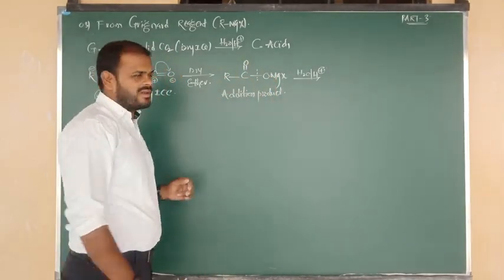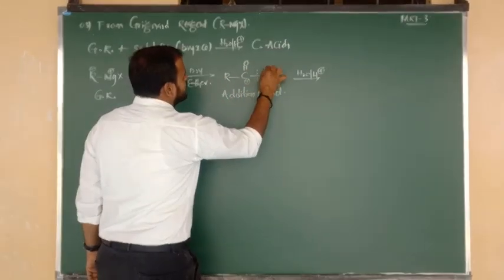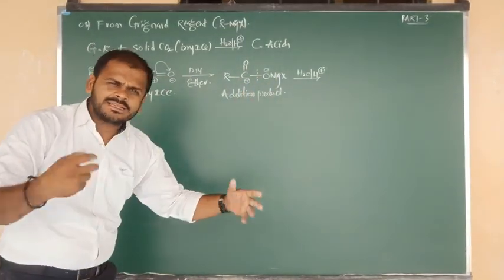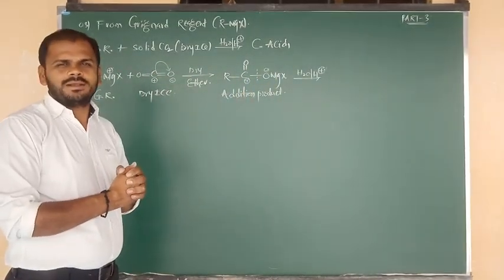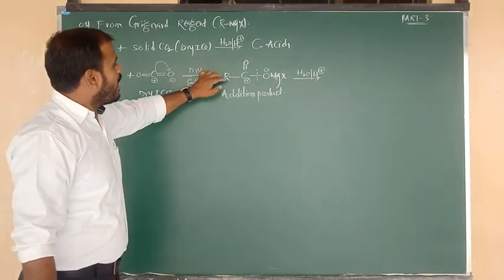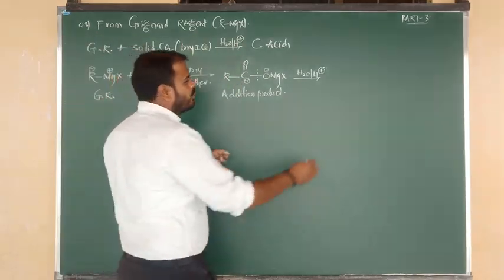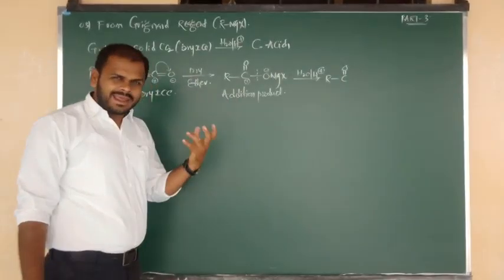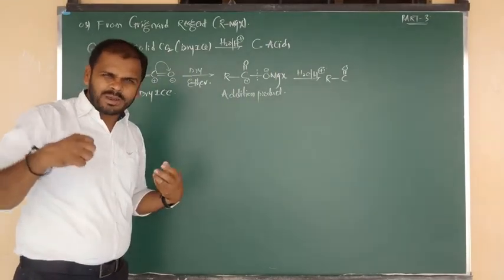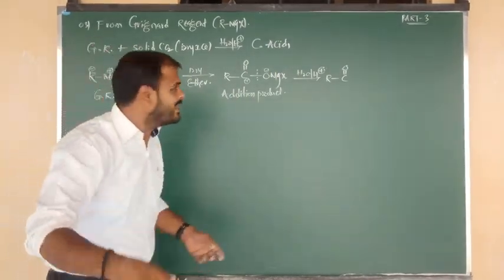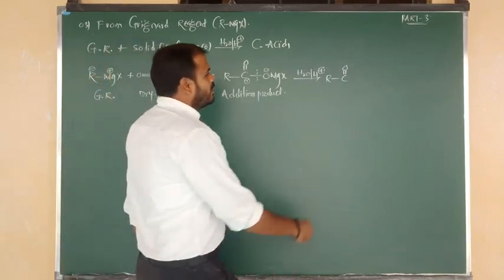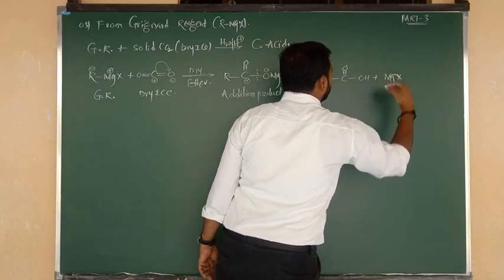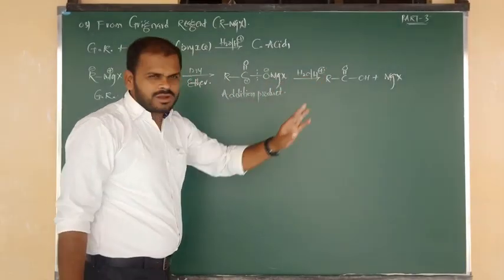After breaking this bond, the central C carries positive charge and O contains negative charge, because oxygen has more electronegativity than carbon. Now what products do we get? R bonded to C, C double bond O. Here C carries positive charge, which is attacked by negative OH minus from the water molecule. So I write that OH here. The remaining byproduct is MgX.